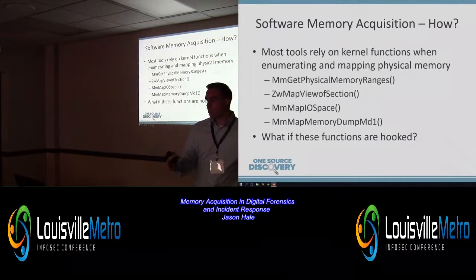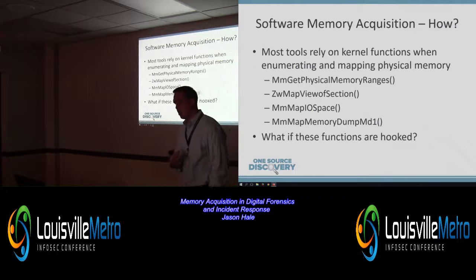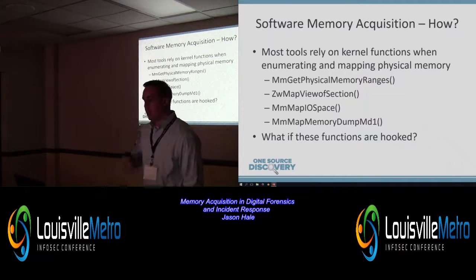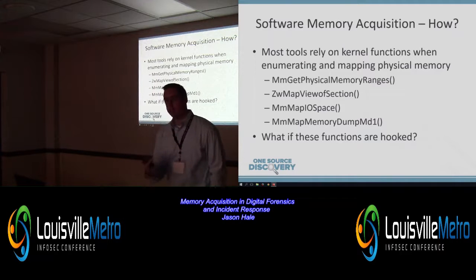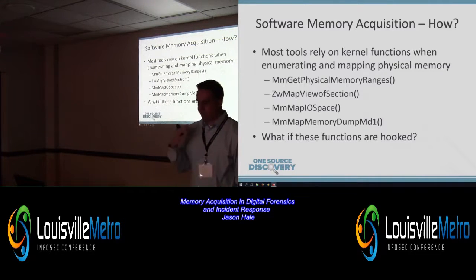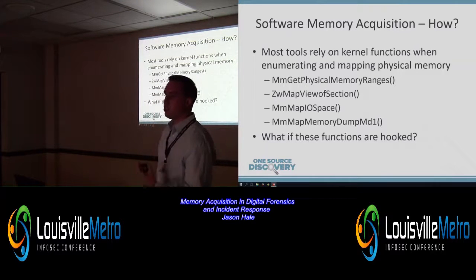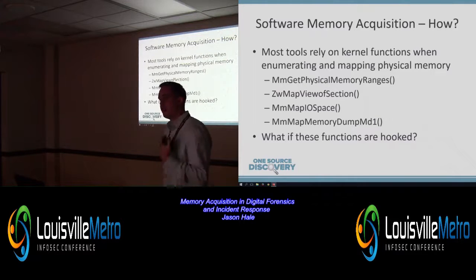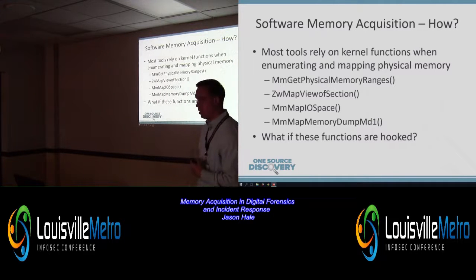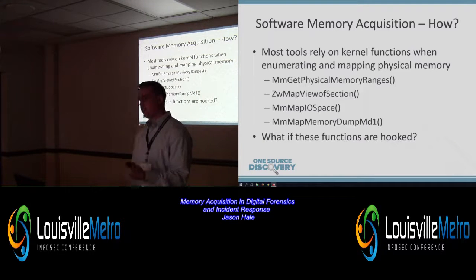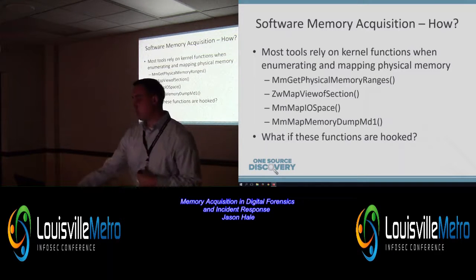We see this often in malware cases, where if the malware wants to hide itself from a directory listing, instead of just changing it to the hidden bit, it may hook certain processes or kernel functions in order to hide itself from any type of enumeration that your sysadmin is doing. We'll also see this hooking in anti-forensics with regard to the actual acquisition process.